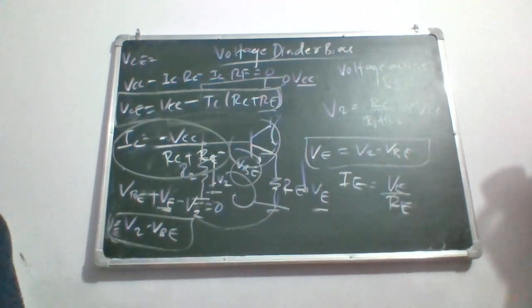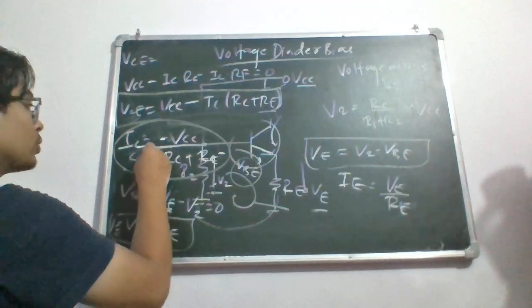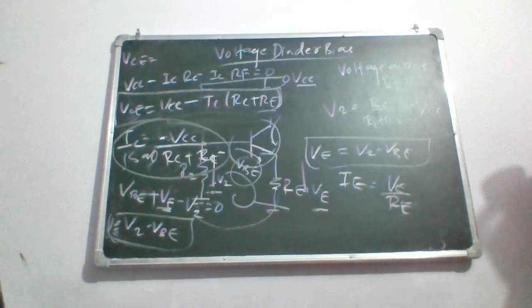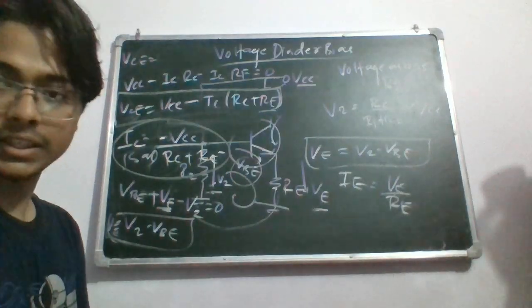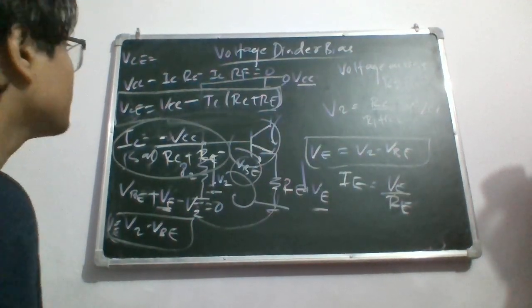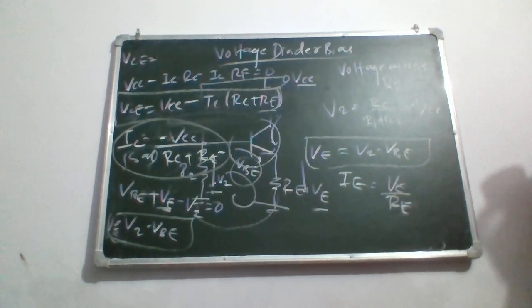In this way, you can find out the values of saturated current through the collector as well as base. So this is it. I think it's a lot of mess here, but I think you get the point. So this is about the voltage biasing, voltage divider bias.